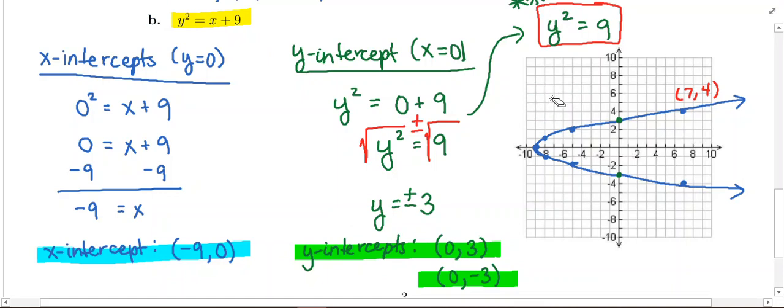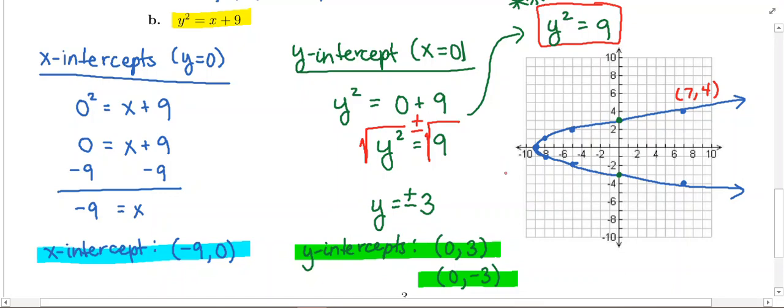Finally, we'll take a look at origin symmetry. Again, the most difficult one to visualize because you have to flip a point about both the x-axis and the y-axis. So the easiest thing to do is to realize that if you're dealing with any point on your graph, then if you change the sign of both the x-coordinate and the y-coordinate, that point should also be on the graph for the graph to have origin symmetry.